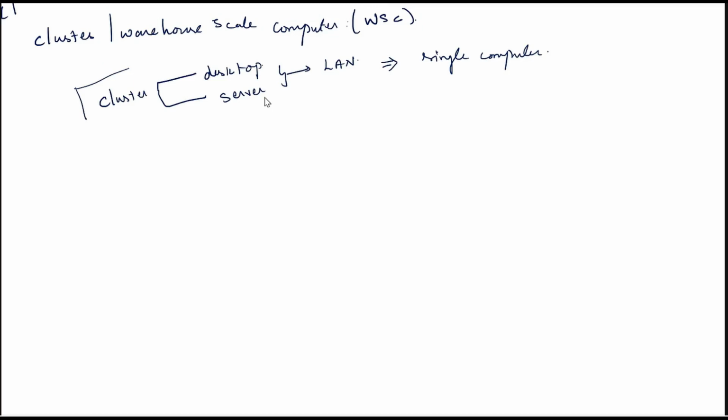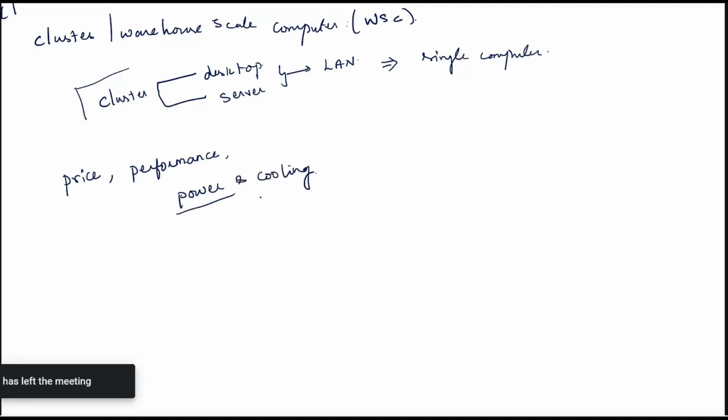Again, when you go with the performance aspects, one is the price, and the other is the performance, how well it is servicing the transactions. The major problem nowadays with a cluster or warehouse computer is power and cooling. How to provide power, and at the same time the heat dissipation, how to provide the cooling systems.